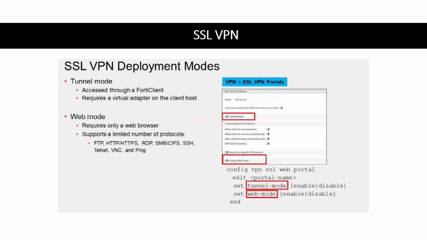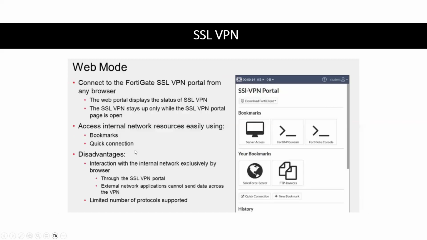Okay, let's keep going and take a closer look at web mode. Web mode is real simple. Just like I told you, the admin would configure it on the FortiGate and say, whoever logs into the SSLVPN, I enabled these protocols, these things, these bookmarks. Here's what you can access.